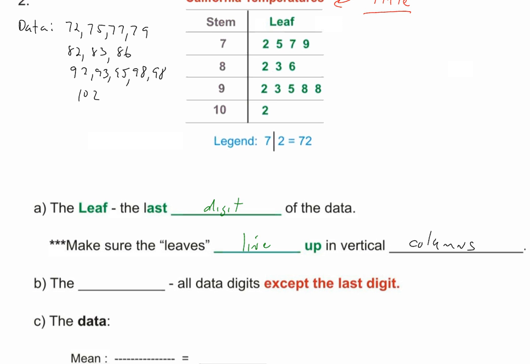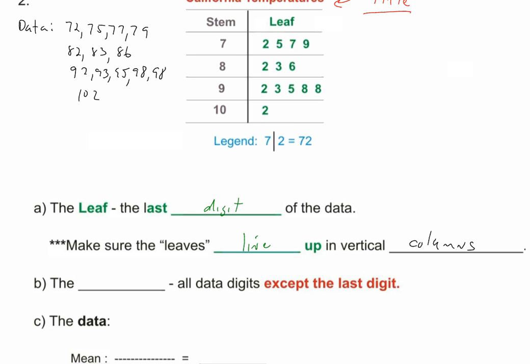To determine how many pieces of data are in each interval. If you don't do it in columns, it'll be hard to determine. You have to go in and count everything. And the idea is not to have to count. I can readily see that the most data is in the 90s and the least data is in the hundreds. I clearly see that because everything's lined up, and therefore the leaves that go the furthest have the most in them. But if you didn't line it up, you wouldn't be able to tell.